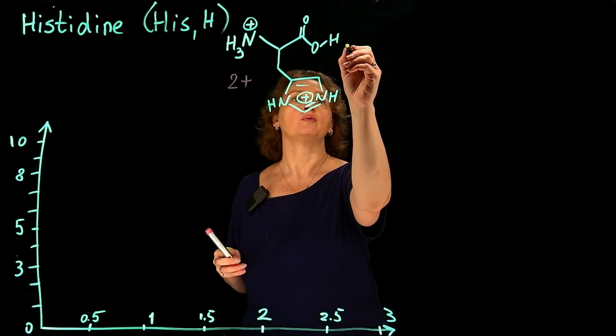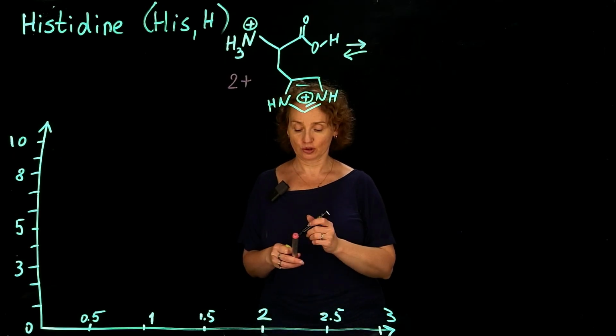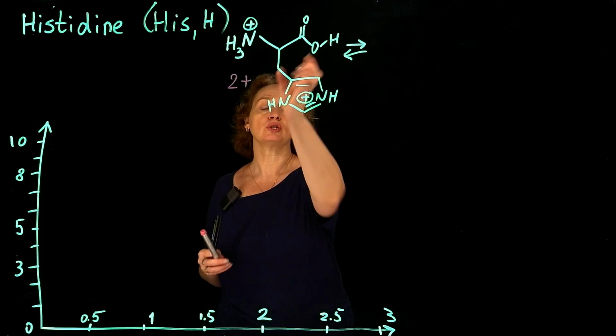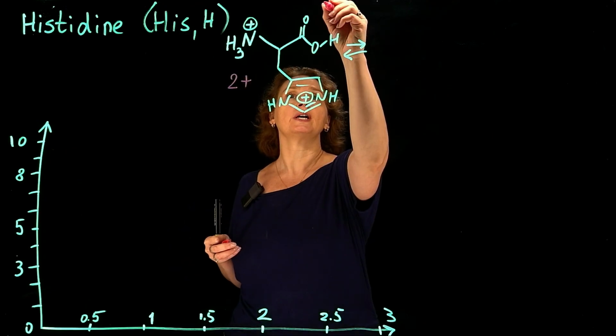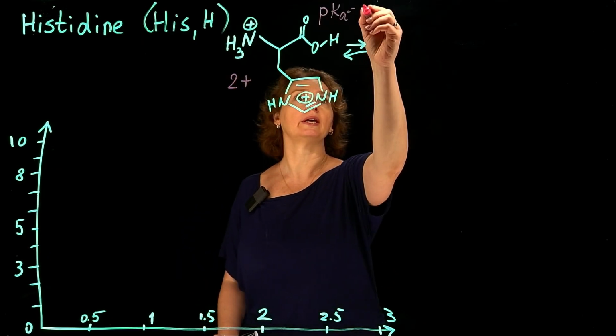Now, we start adding a strong base, and the first group to lose its proton will be this carboxyl group, because the pKa of that carboxyl group is 1.8.